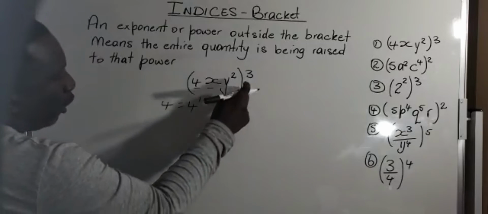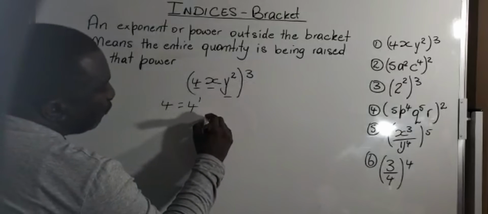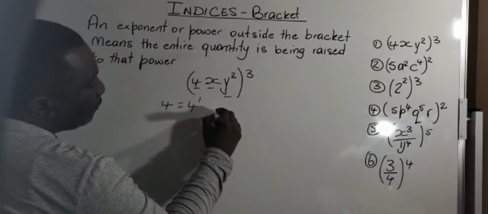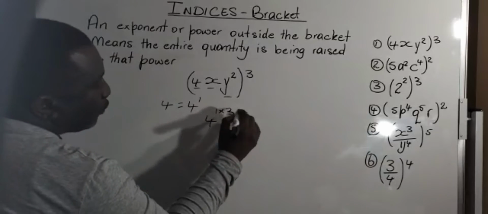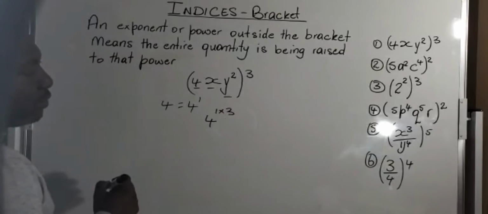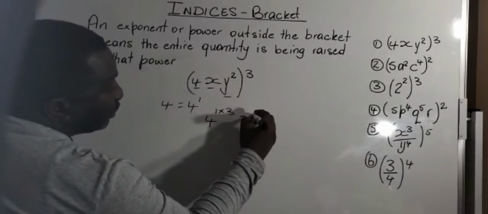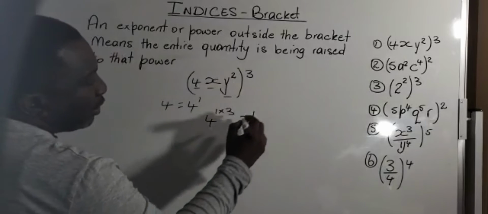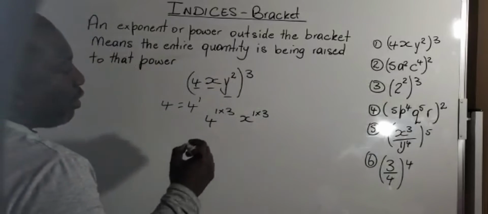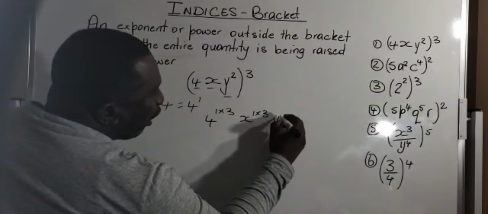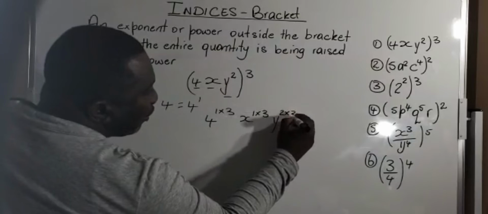Hence, we are going to multiply whatever is in the bracket. Therefore, 4 to the first power is being multiplied by 3, which is outside. x to the first power is being multiplied by 3. y to the second power is being multiplied by 3.